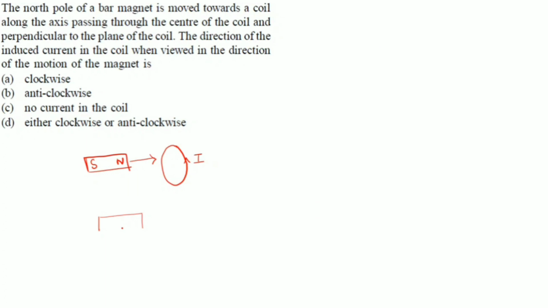Similarly, when the north pole of the bar magnet is moving away from this coil, again magnetic flux decreases, induced EMF takes place, but here it is moving away, so current is produced in the clockwise direction.